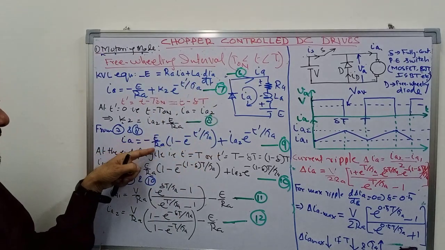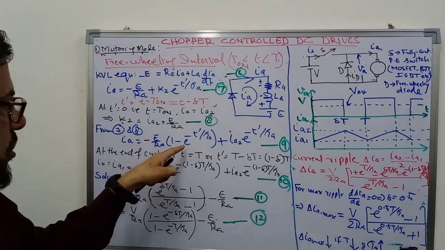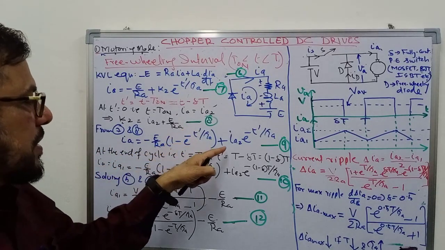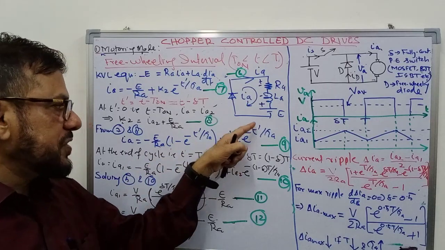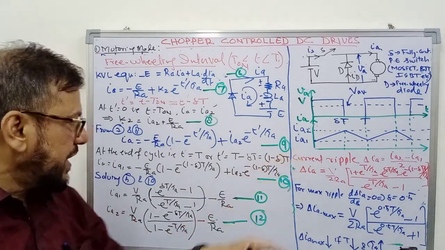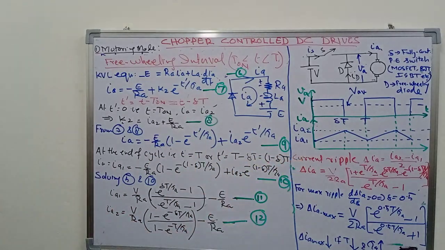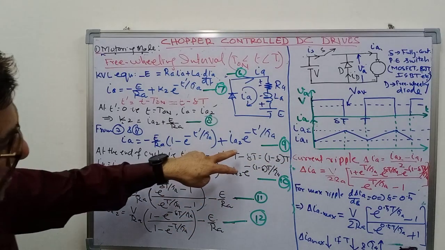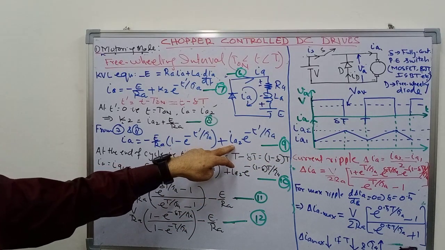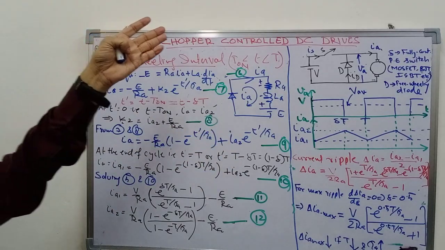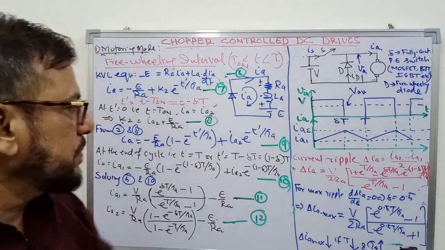Ia equals minus E upon Ra times 1 minus e to the power minus t' upon tau a, plus Ia2 e to the power minus t' upon tau a. This is equation number 9. Now again here the value of Ia2 is not known to you. From the previous equation you got one relation between Ia1 and Ia2.